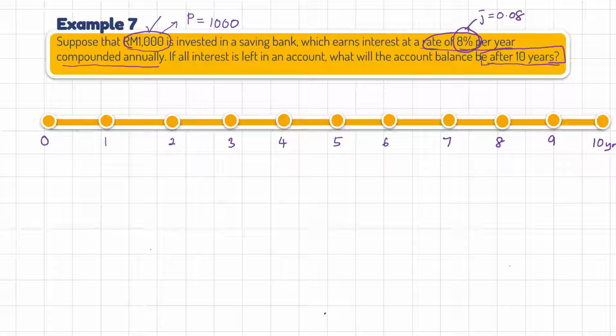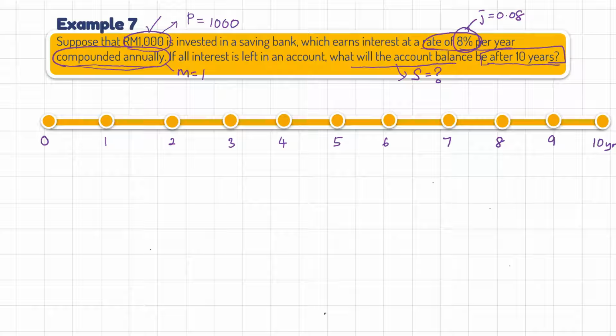And it is compounded annually, which means that this is our M will be equals to 1. The question asks us to find what will the account balance be after 10 years. Means that it wants us to find the value of S, amount of money in the future, which is after 10 years.